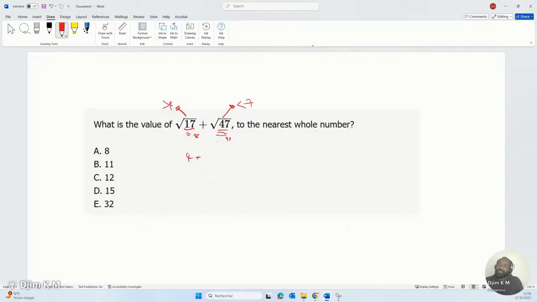So 6 point something. Okay. So it's going to be 10, yeah, 11, I think. Because this is not going to be more than 7.